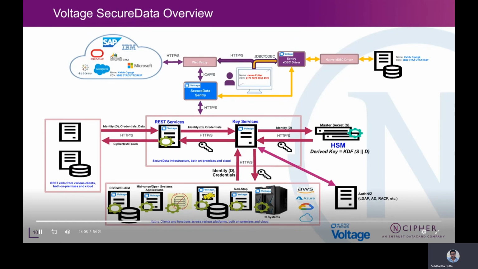Now, data-centric protection with encryption, tokenization, or any sort of obfuscation at the field level, at an application layer with Voltage SecureData, can prevent an incident from escalating into a breach. Even if you can't stop data from getting stolen or exfiltrated due to the various factors we talked about, you can certainly make it useless to the perpetrator.